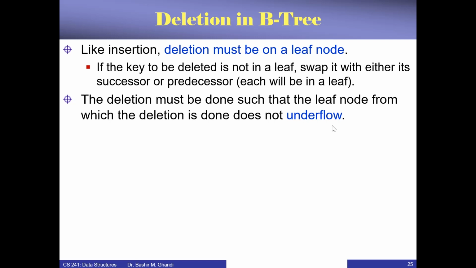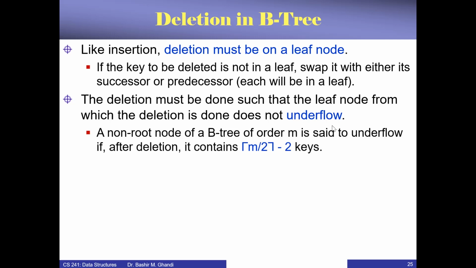All other nodes must have a ceiling of m/2 minus 1 keys at the minimum. So a non-root node of a B tree of order m is said to underflow if after deletion it will contain ceiling of m/2 minus 2 keys. This is the underflow condition because the minimum is ceiling of m/2 minus 1.